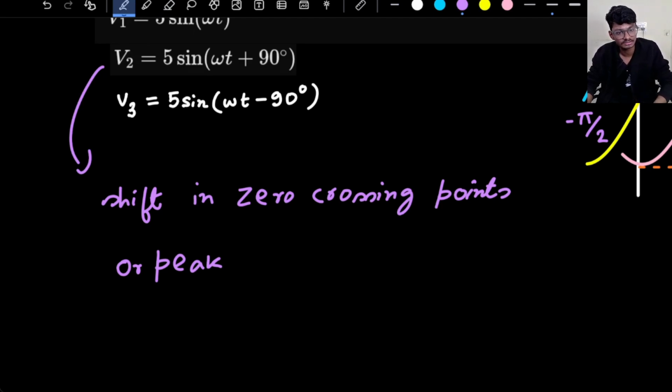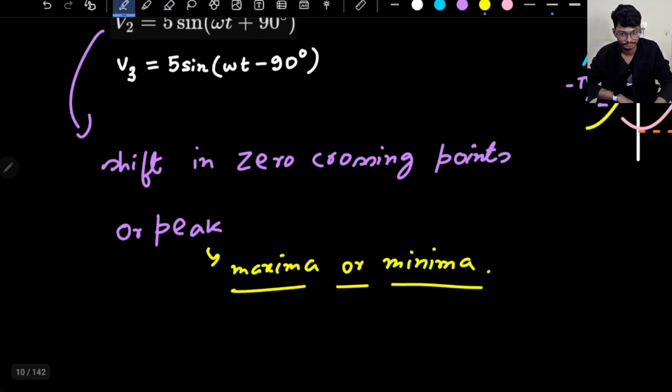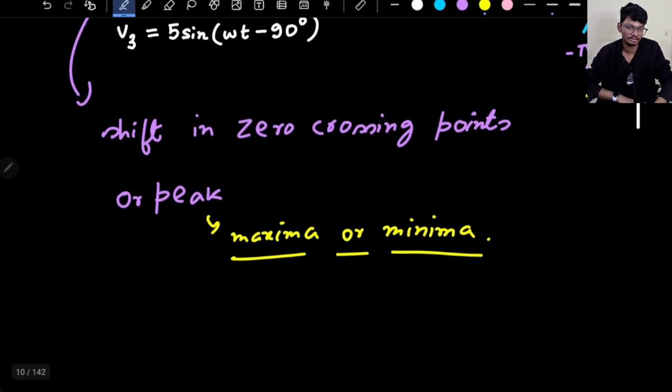Peak means wherever maxima or minima. Minima is the lowest value, -5, and maxima is the highest value, +5. Maxima or minima. So these are the things that you should keep in mind for leading and lagging.